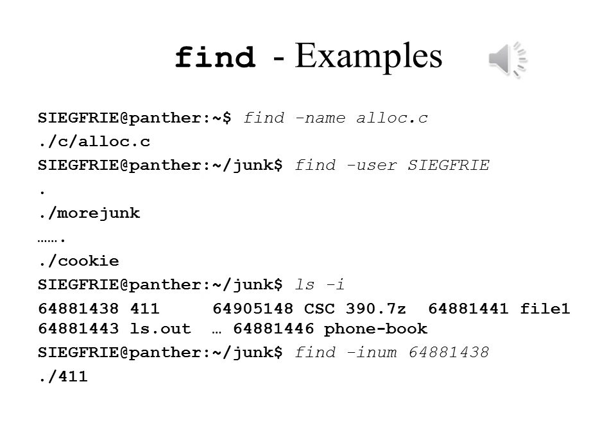Find -user Siegfried, and we can find all of the directories with files that I own. ls -i, and I can now look and find the file 411, the file CSC 390-7Z, and so on. I type find -inum 6488148, and I find the file with the name 411.